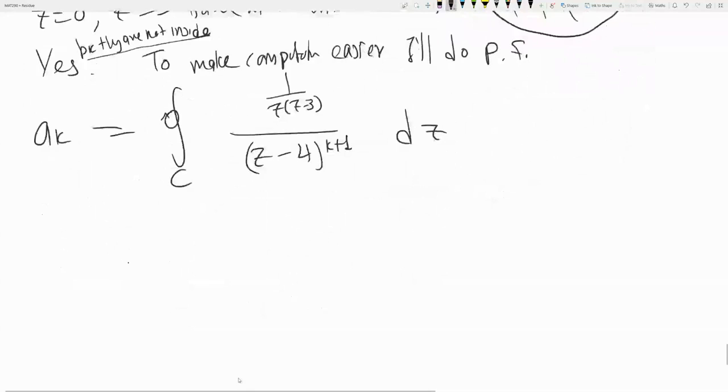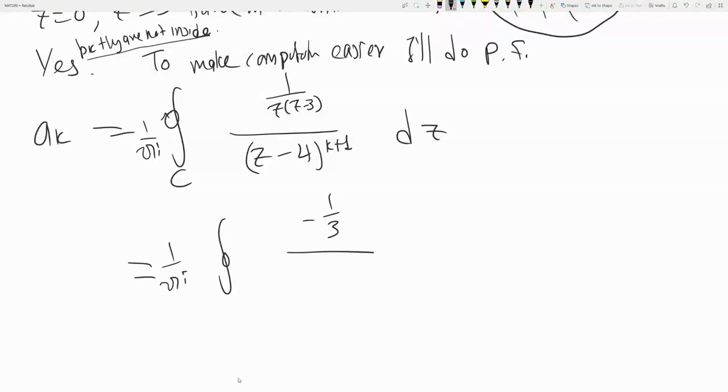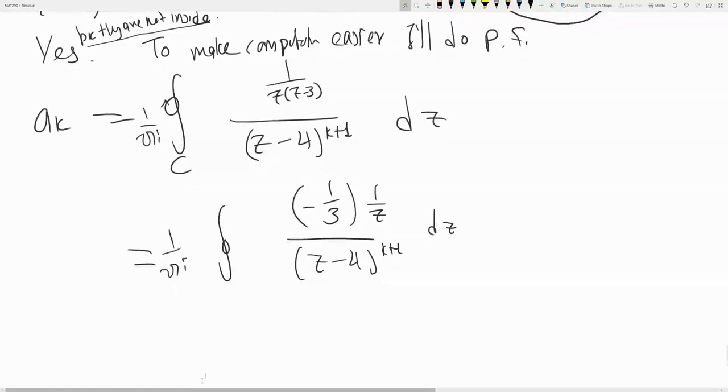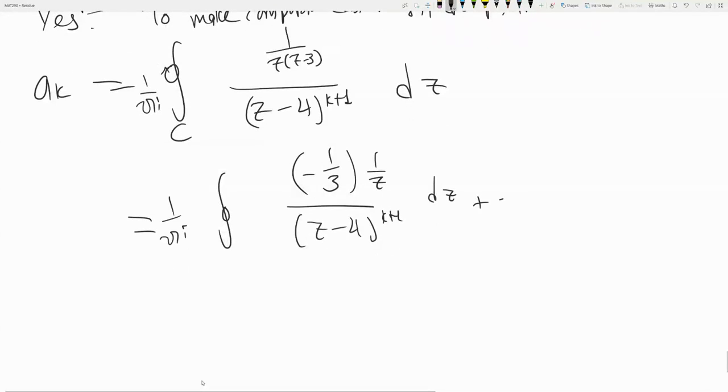Okay, so let's do our partial fraction. This gives you minus 1/3, okay, and plus.